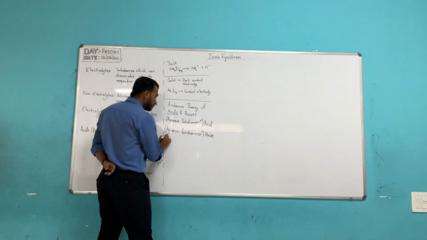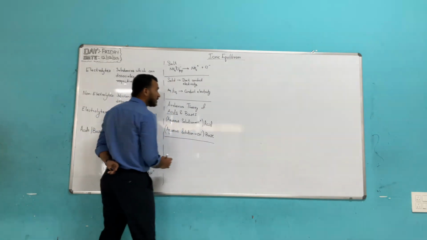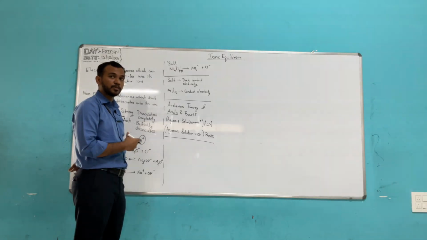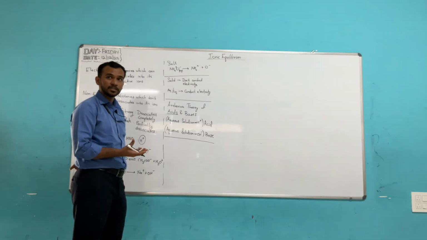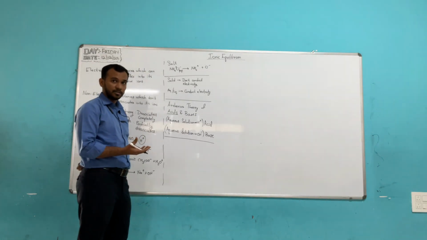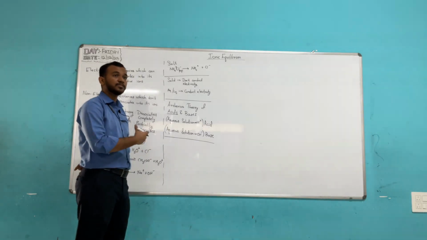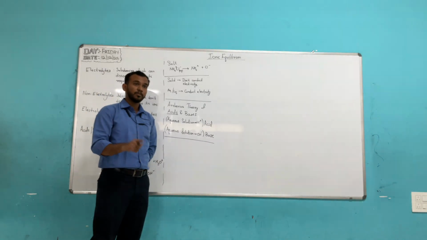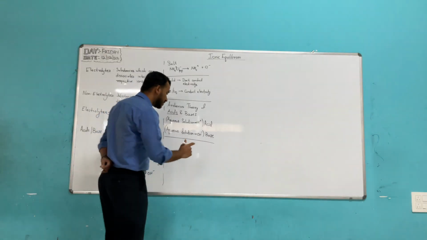Since the chapter is related to ionic equilibrium, whatever ions are produced are responsible for the properties of the substances. Therefore the ions which are dissociating are related to the colligative properties of the substances.